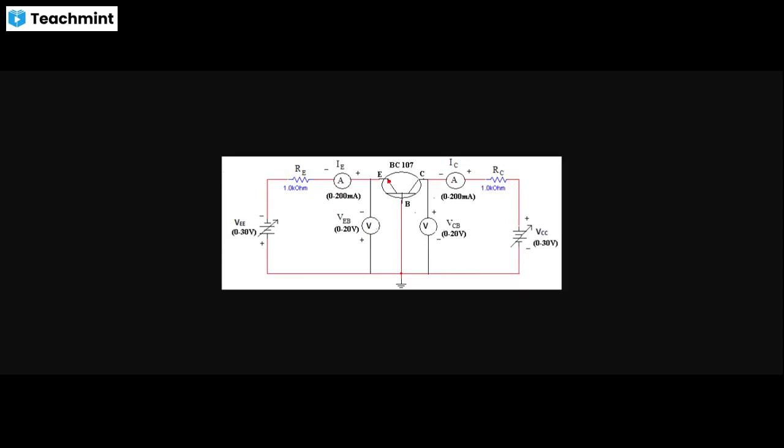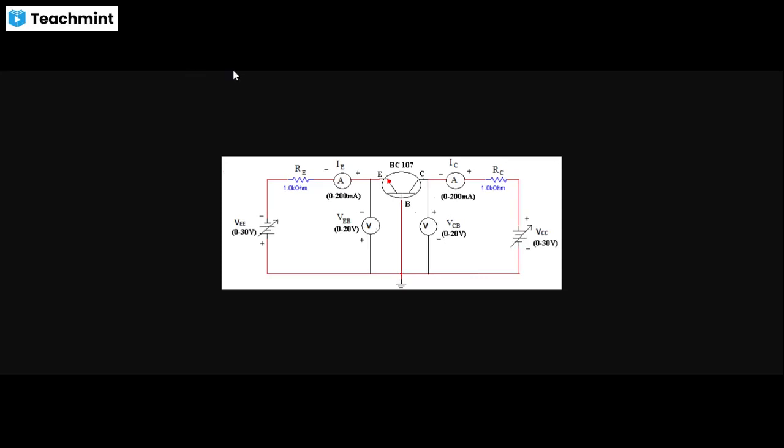And the output characteristics relate the output collector current IC and the output collector to base voltage VCB, keeping the input emitter current IE constant. Understand this?